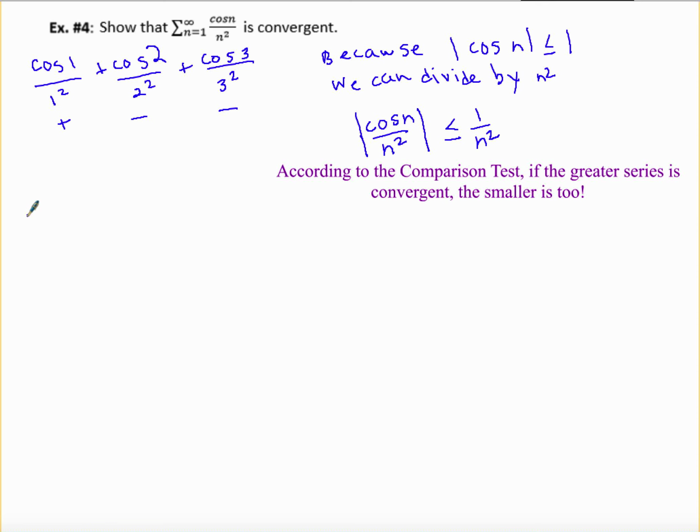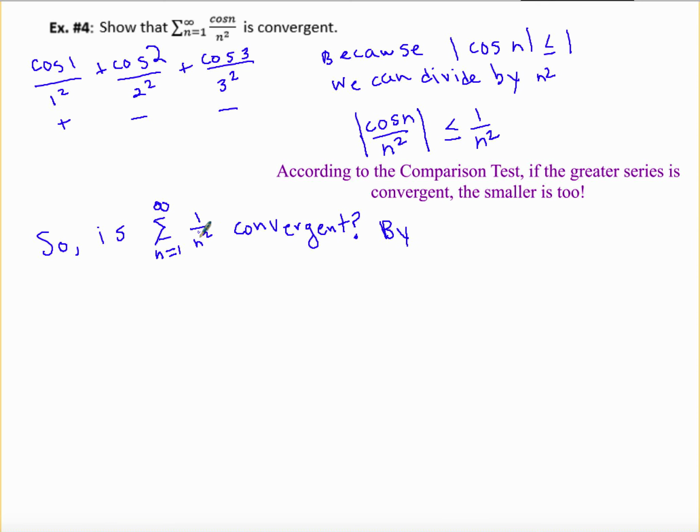So is 1 divided by n squared convergent? By series, I know it is, right? The p-series test.